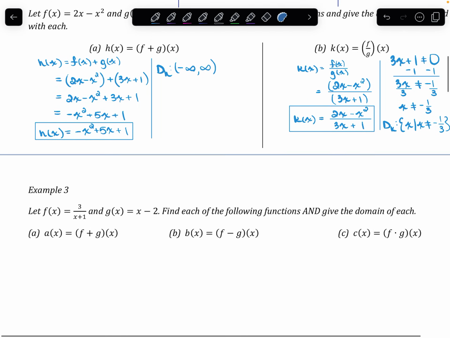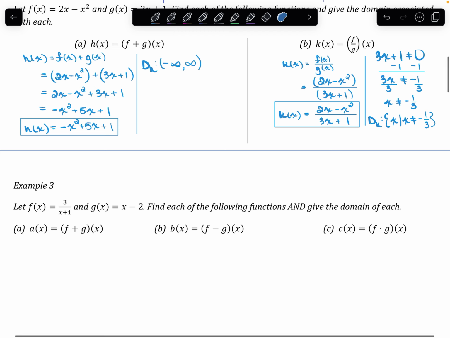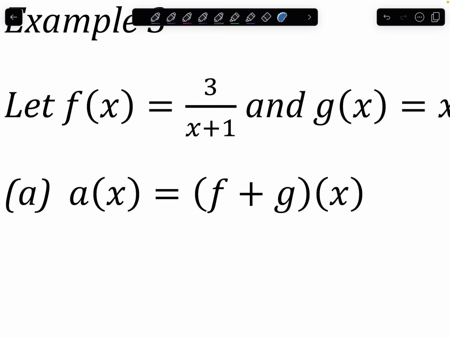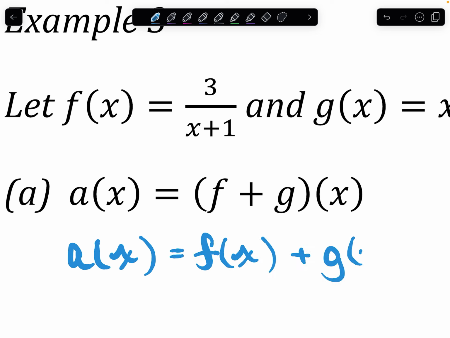All right, example 3. F of x is 3 divided by x plus 1, and g of x is x minus 2. We're looking for each function and the corresponding domain. So f plus g, we're going to call A. So A of x is going to be f of x plus g of x.